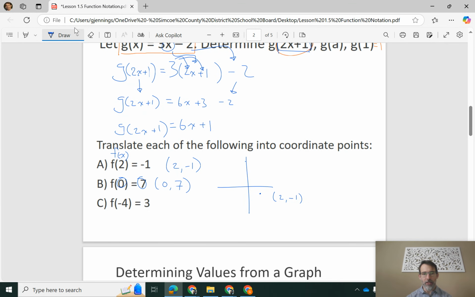So that's 0, 7, way up there. And then this one is minus 4, 3, so it's over here. Roughly, that's how I would translate these into coordinate points.